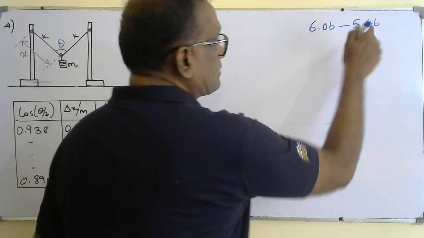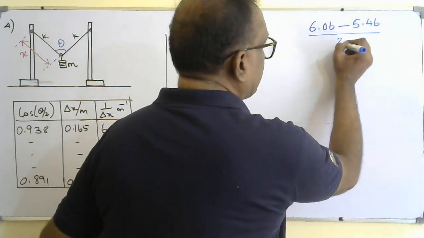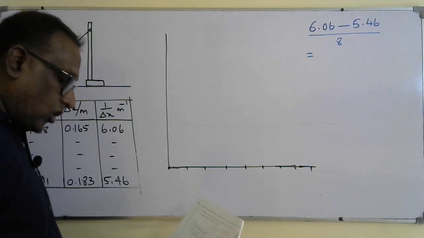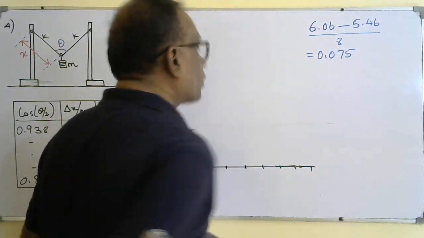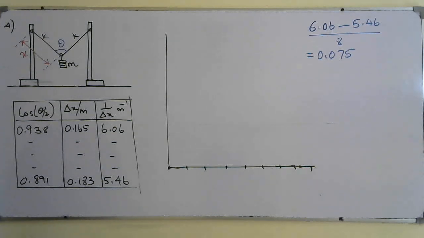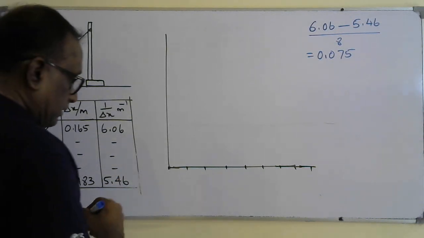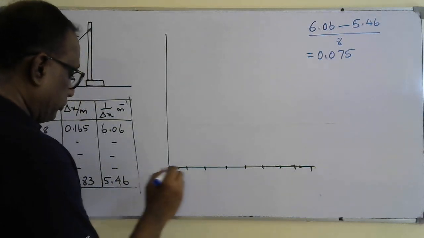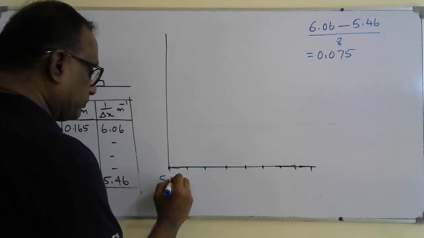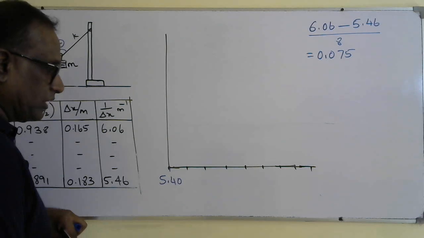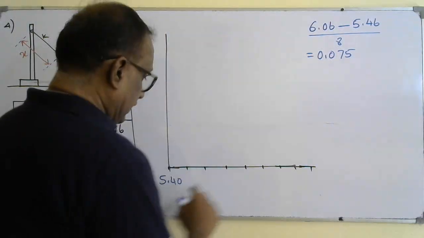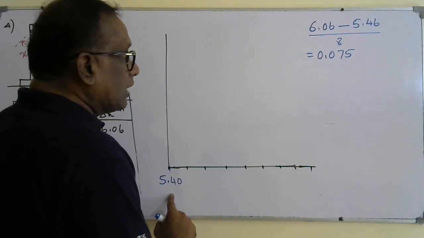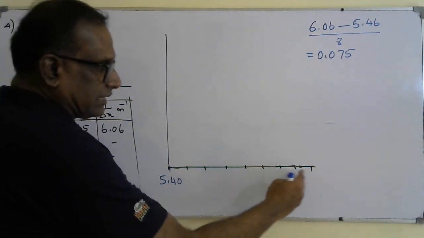So 6.06 minus 5.46 divided by 8, you will get almost exactly 0.075. Here I don't need to start the graph from 0. So I can put the initial value 5.40. What could be the next value? If I follow exactly this one, it will be 5.475. I can, but the graph is going to be smaller.